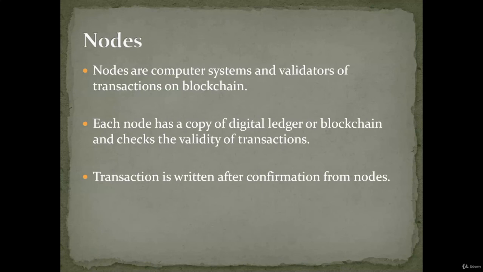The transaction is written into a block when a majority of nodes say it is a valid transaction. In this way, our digital ledger or blockchain is spread across a network of computers, hence making it much more difficult to manipulate. That is, a hacker would need to manipulate every copy of the blockchain on the network, as we have discussed before. This is what is meant by blockchain being a distributed ledger.